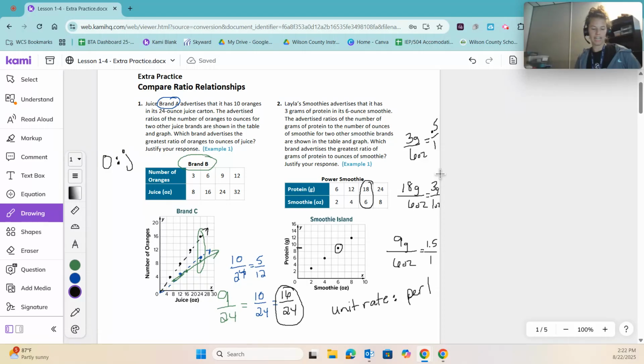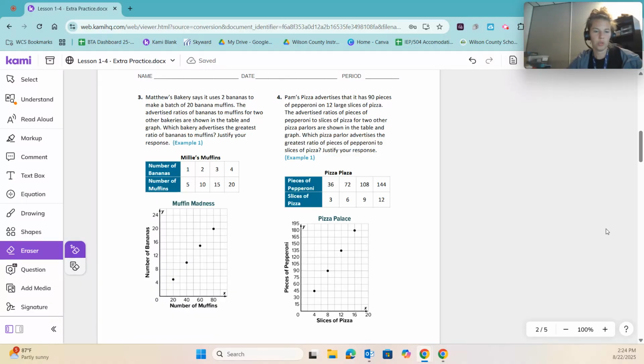But like 10 divided by 24, that would say 0.41666. So it's kind of a weird decimal. So I don't always use the unit rate, but it is very helpful when we are comparing things. Okay, there are 2 more that you can try on your own. They're using either strategy we've already talked about.